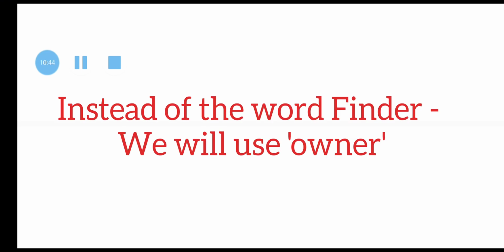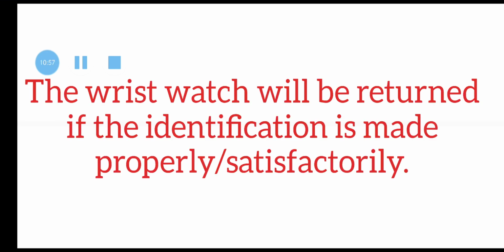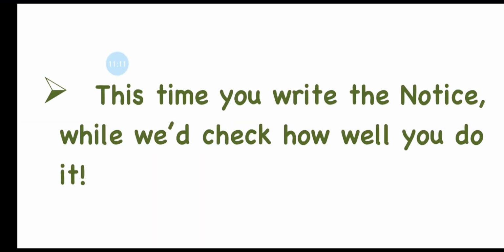So instead of finder, the word will change to owner. The last line can be, the wristwatch will be returned if the identification or description is done properly or satisfactorily. Now, this time you write the notice while your teachers will check how well you do it.